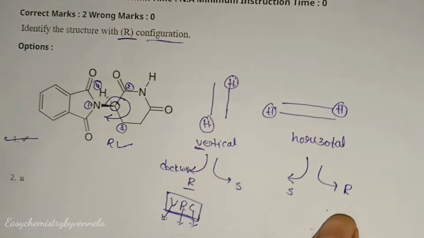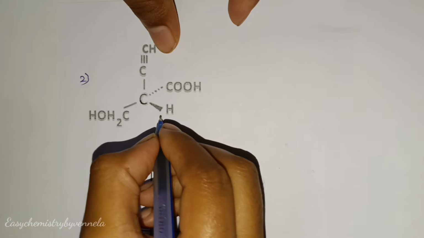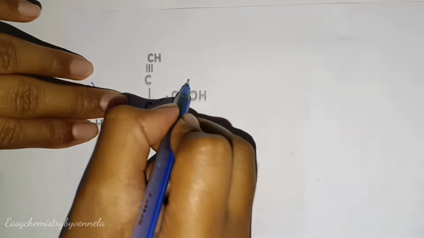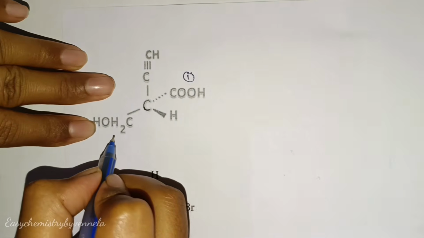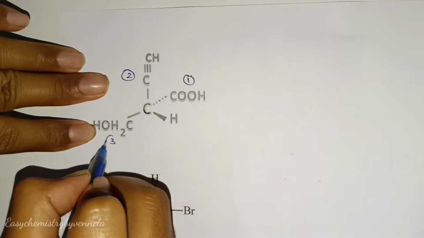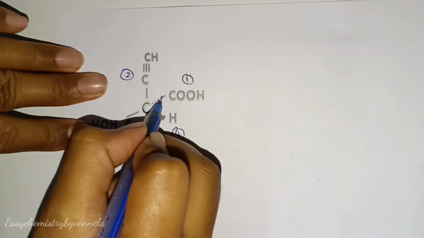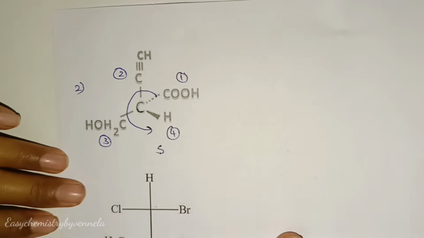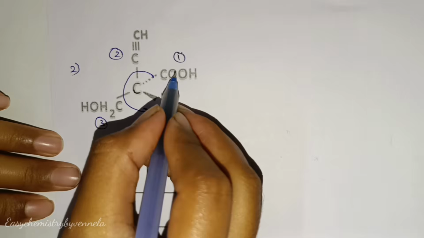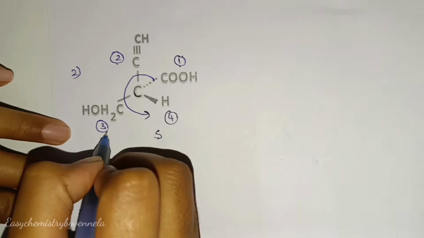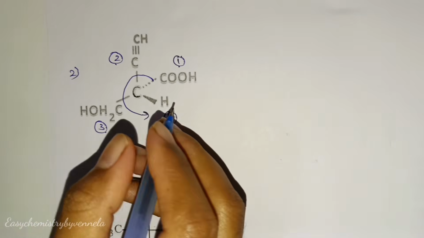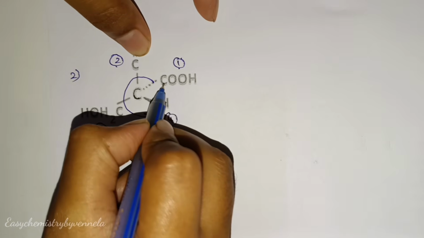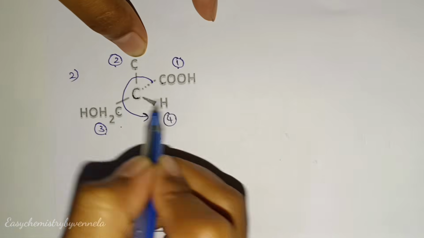Next, we can check the other options also. This is the second option. See, this is the chiral center. So first priority, this one, and the second priority here. Third, this one. Fourth priority, like this. Yes, anti-clockwise direction. Why am I giving 1, 2 and 3 here? Why am I not giving this one 1, this one 2? See, first check the first atom. First atom is carbon, all are same.